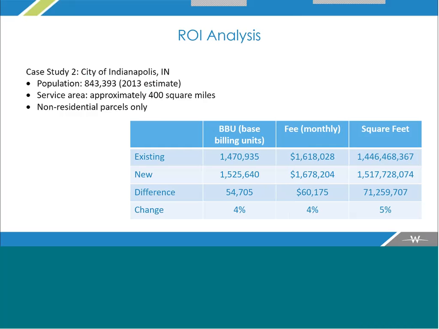They saw an increase of around 54,000 base billing units, which equated to around $60,000 a month increase in their stormwater utility, which was about a 4% change. The square footage you see there is about 71 million.